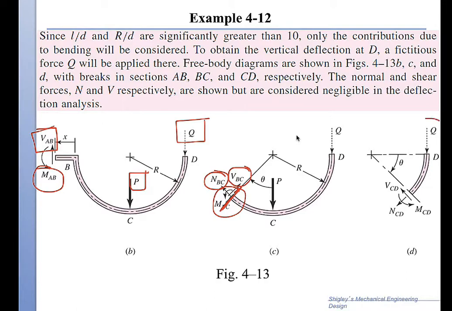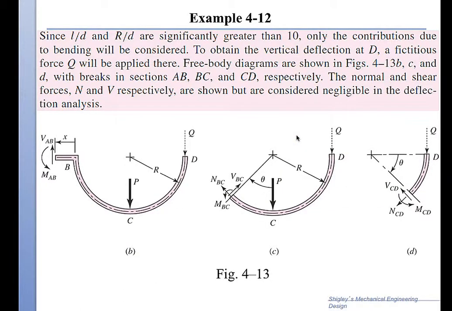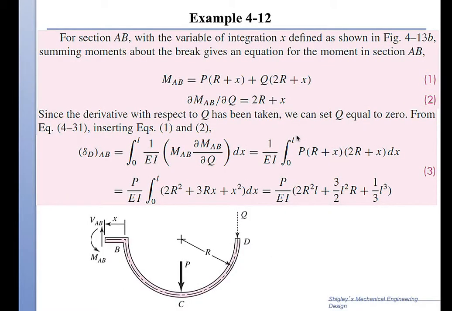Finally, this small section here from point C to point D has its own 3 unknowns that need to be determined from the free body diagram.